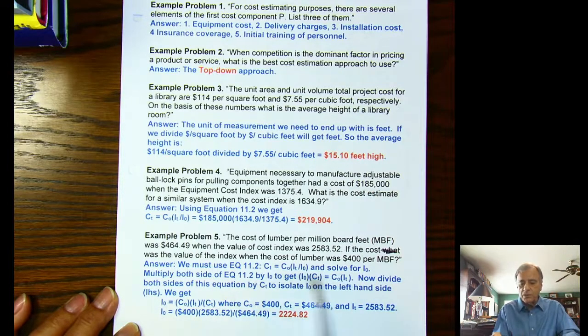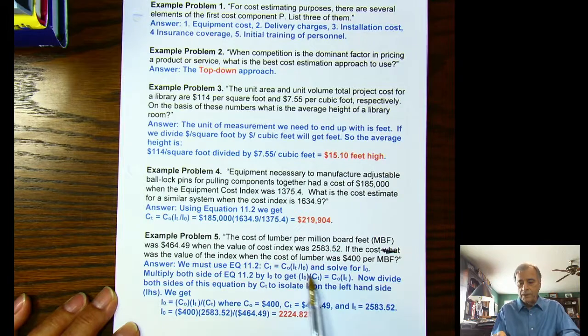We take this equation, and we're looking for I sub 0, okay? We multiply both sides through by I sub 0, and we get I sub 0 times C sub t equals C sub 0 times I sub t.